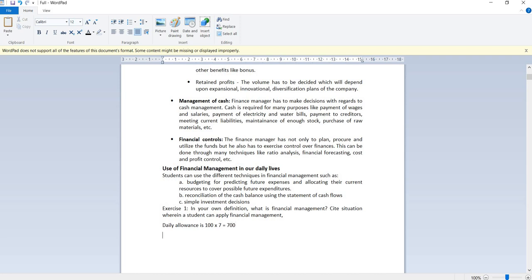So how do you budget that? So assuming you are planning to buy a book and, yung cost niya is, let's say, 450. So, you only have 350 left.